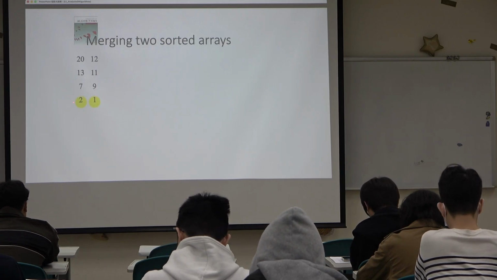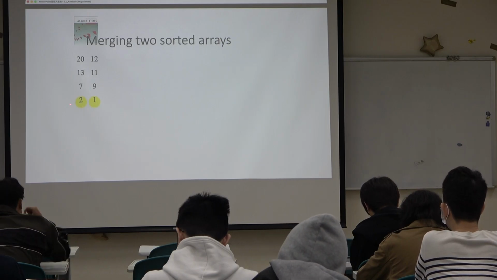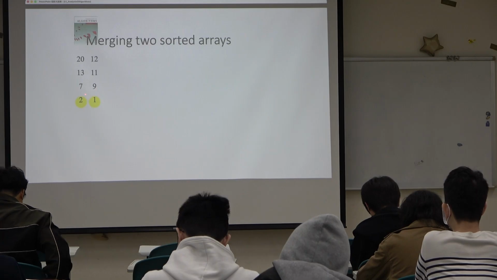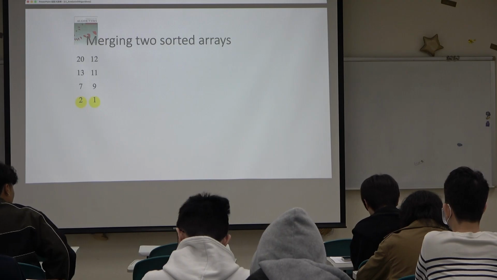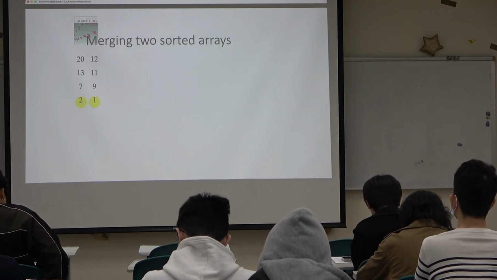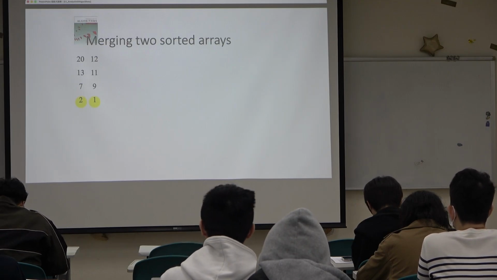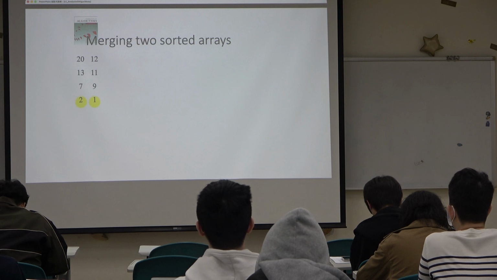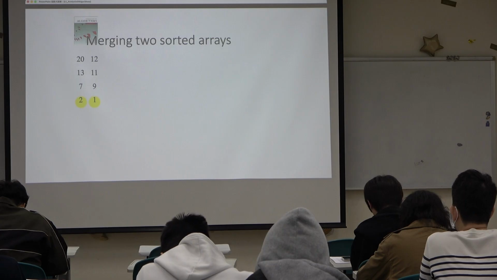We only look at the first number of these 2 lists, which is 2 and 1. You only compare these 2 numbers. Obviously 1 is the smaller number, and it is guaranteed to be the smallest number in both lists. So you move 1 to this place. It is already sorted.